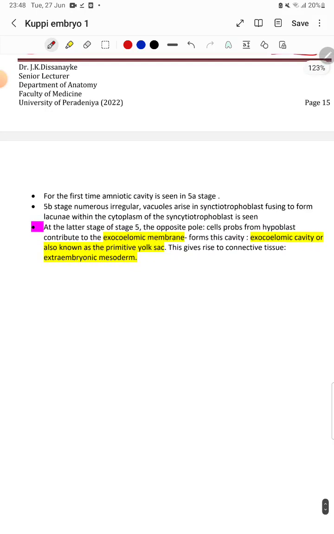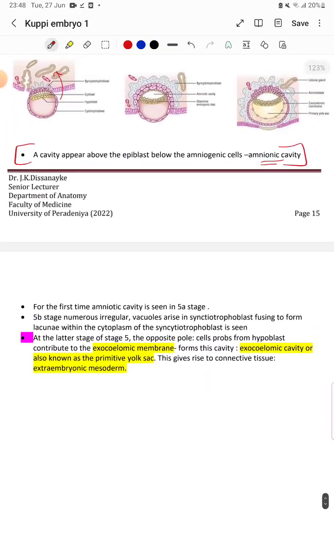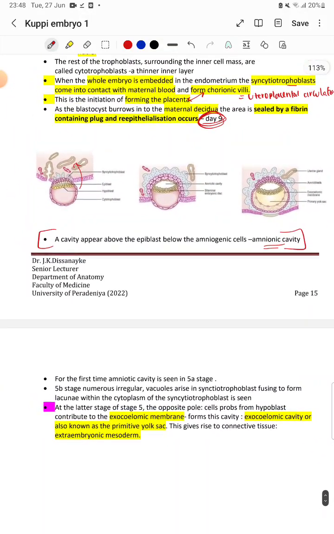So around here, this is what they're mentioning, the amniotic cavity. And within the syncytiotrophoblast, I believe they're mentioning this part, you have these irregular vacuoles being formed, and then they fuse to form lacunae.